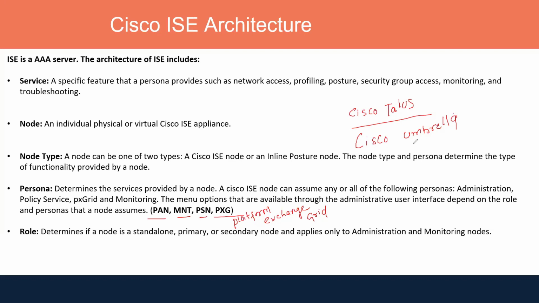Yes, sir. And in Cisco Umbrella, you have the option of dynamic DNS updates as well. Let me simply tell you what Cisco Umbrella does. This is a DNS protection service.